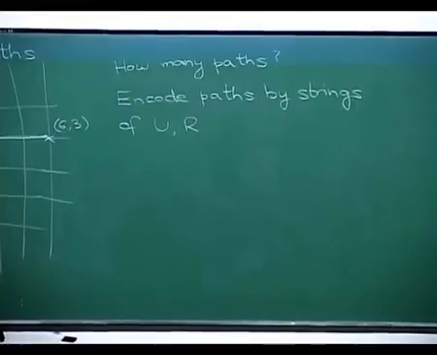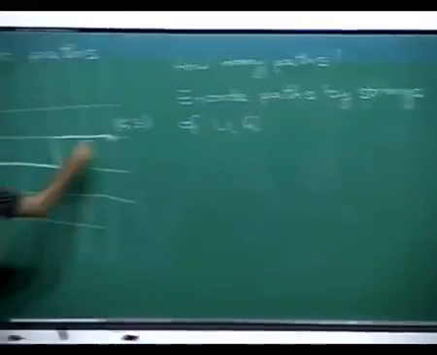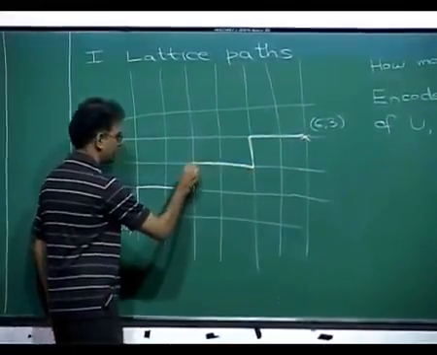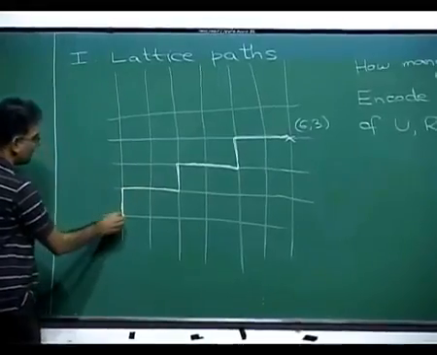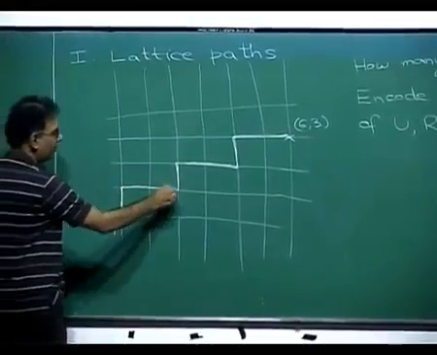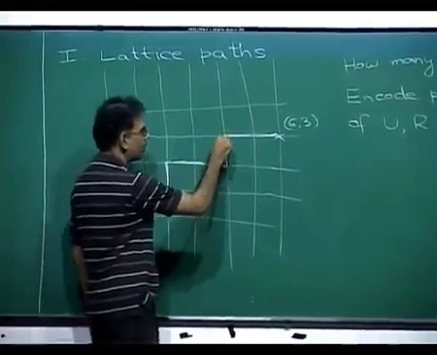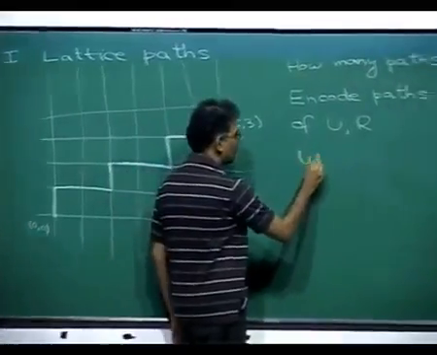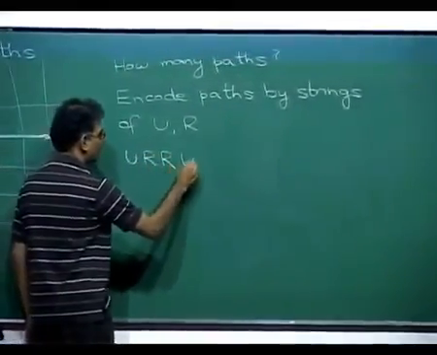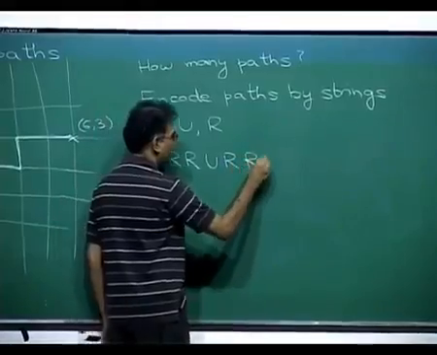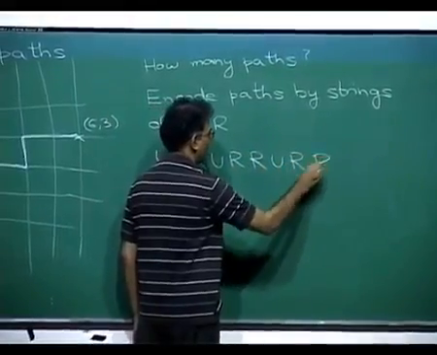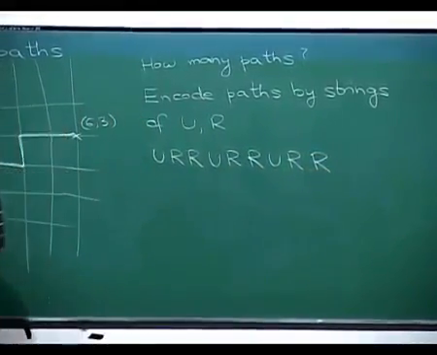So for example, this path that I have marked here, you are starting at 0, 0, going up, 2 R's, 1 U, 2 R's, 1 U, 2 R's. So U, R, R, U, R, R, U, R, R. It is encoded by this string of letters.